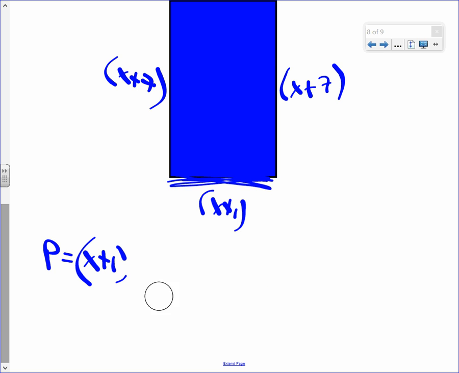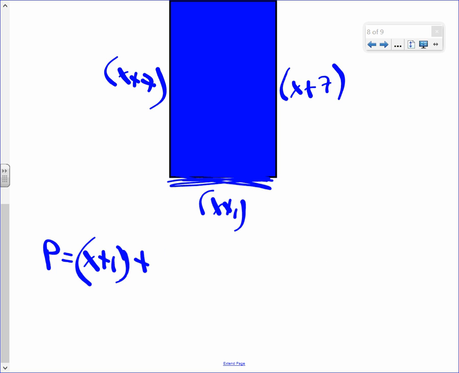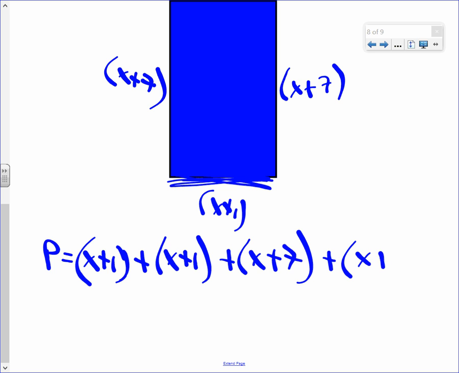I think my coffee hasn't kicked in. x plus 1 plus another x plus 1 plus an x plus 7 plus the other x plus 7. Write that down. There's your perimeter. Perimeter is just adding up the sides of a shape, the border, the outside perimeter, the boundary line, so to speak.